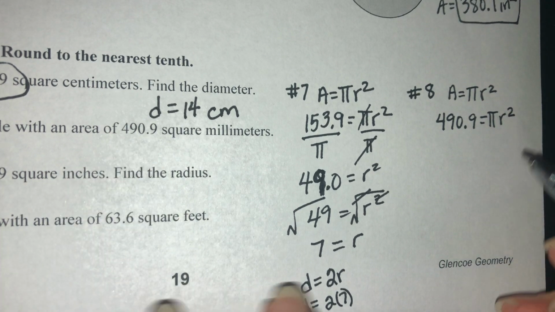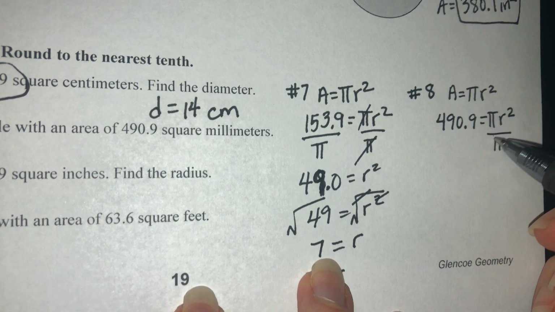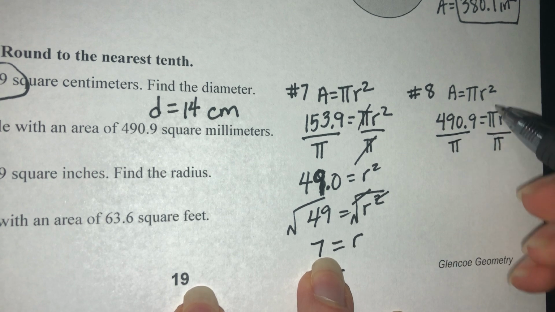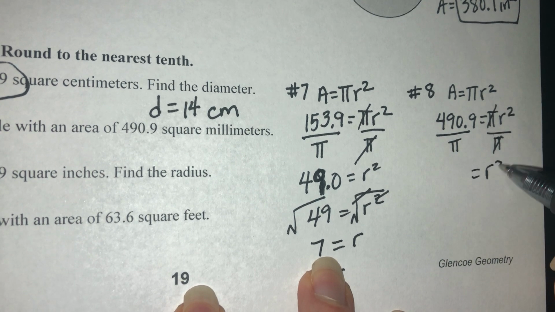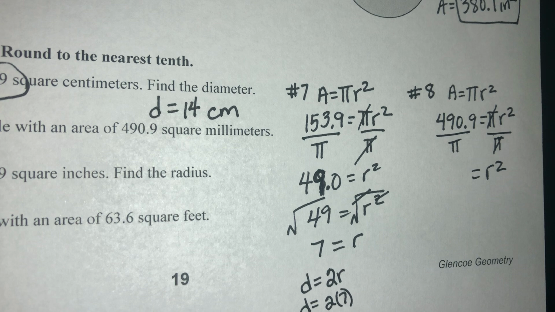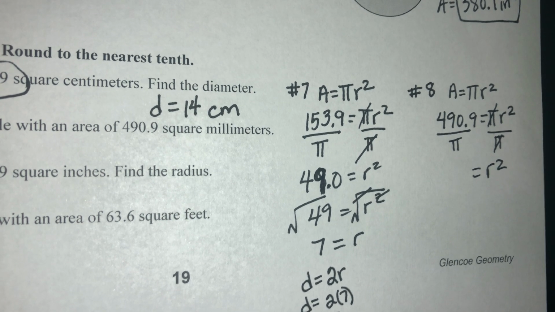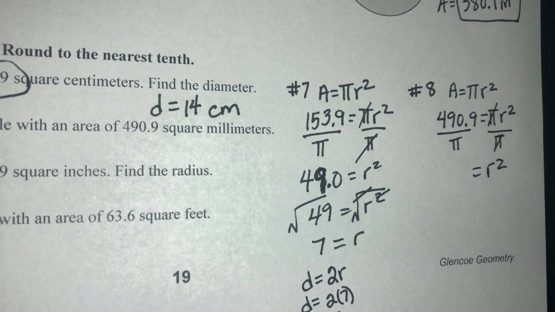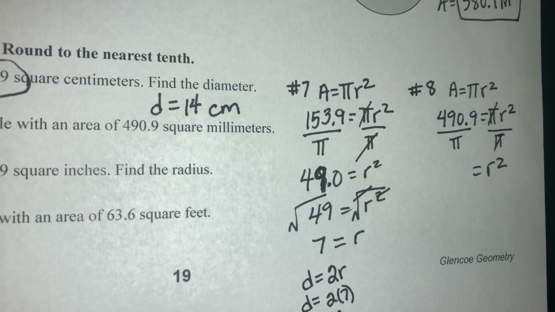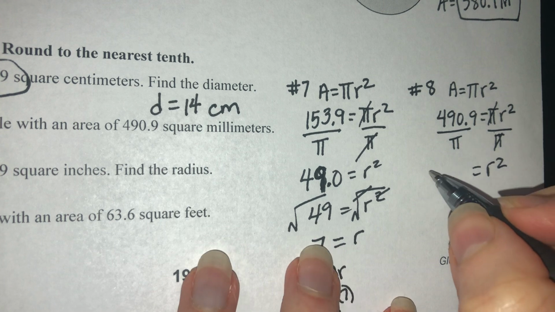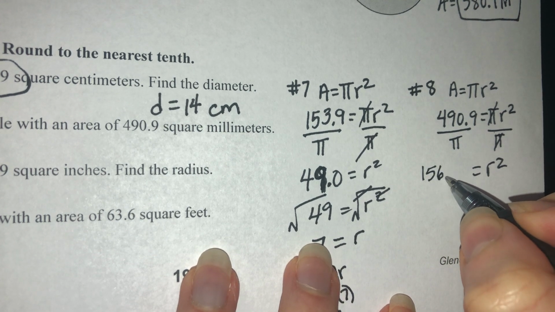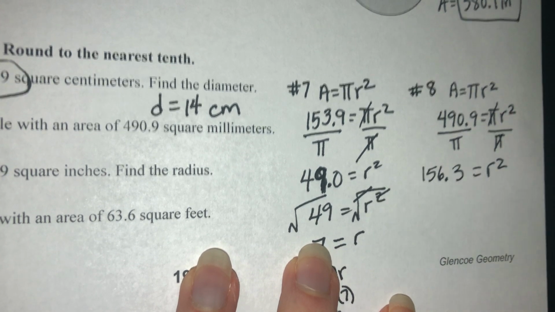So we're going to solve for the radius by starting by dividing by pi on both sides. So that will get rid of the pi. So we do 490.9 divided by pi, which gives us 156.3.